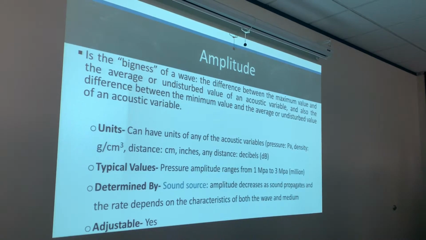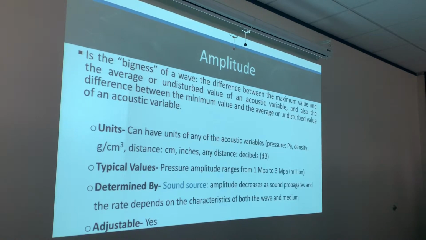Amplitude can have units of any of the acoustic variables. We already talked about our units of the acoustic variables. One being distance, which is any distance, centimeters, inches. P for pressure would be pascals. And our one for density would be grams per centimeters cubed, or in our case, kilograms per centimeters cubed.